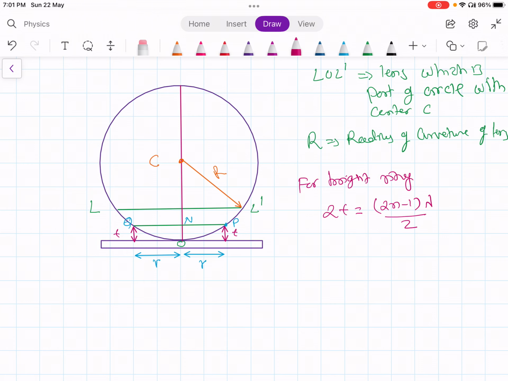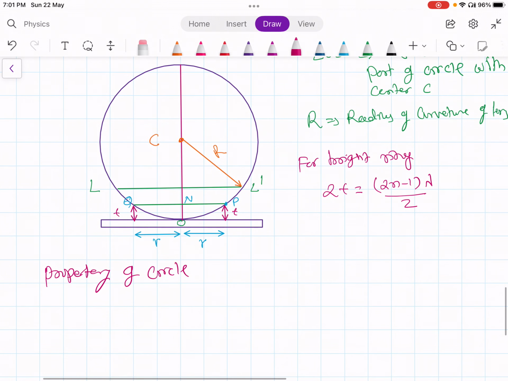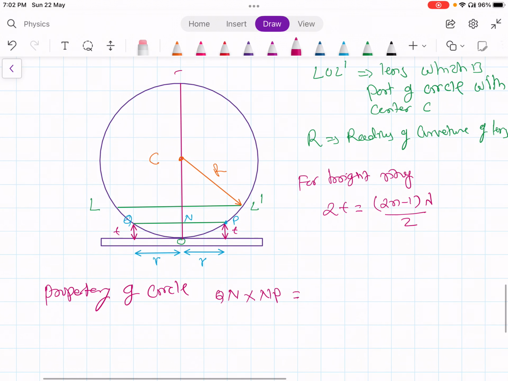Then from this diagram, which I have drawn now, we can write as per the properties of circle: QN into NP is equal to, let's say this point is D over here, DN into NO. This is the property of the circle.